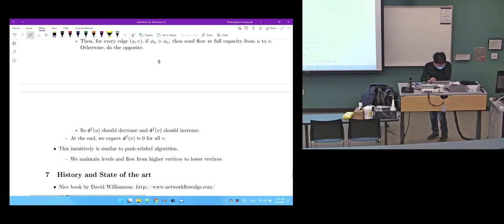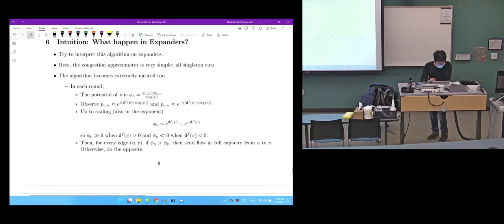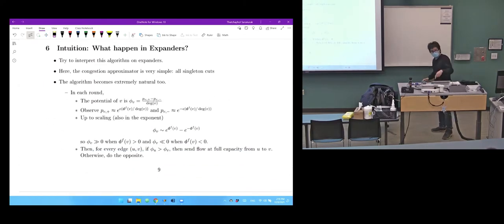Actually, in tomorrow's discussion, we're going to analyze the same algorithm, but on expanders, and you will get even more intuition about it. It's going to be something supernatural.